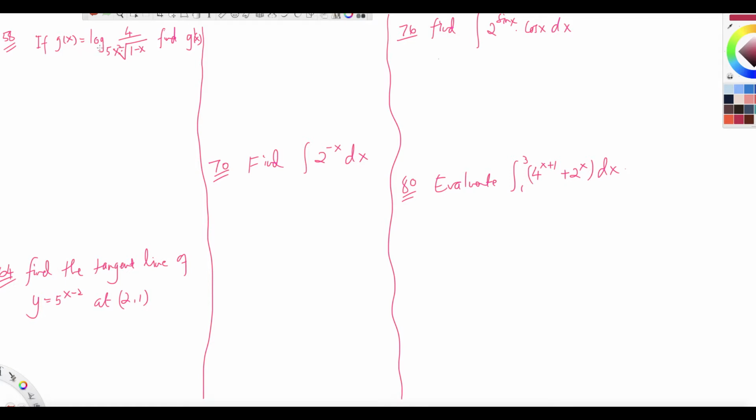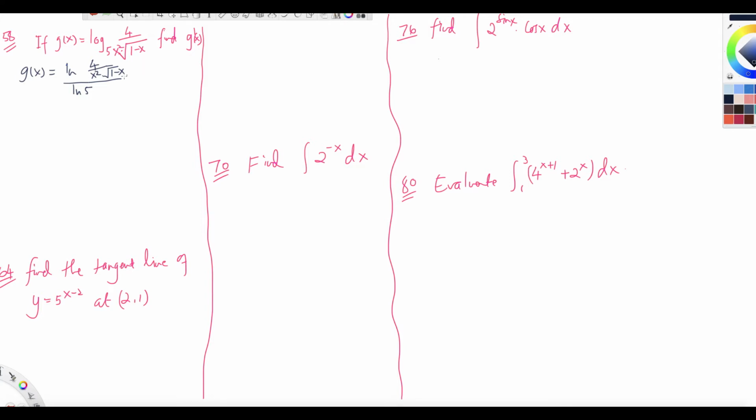So g of x is equal to ln of 4 over x squared times root under 1 minus x, divided by ln 5. I can do that, right?